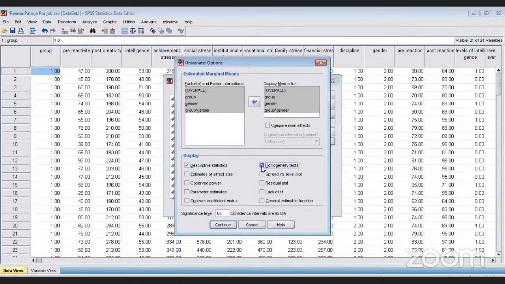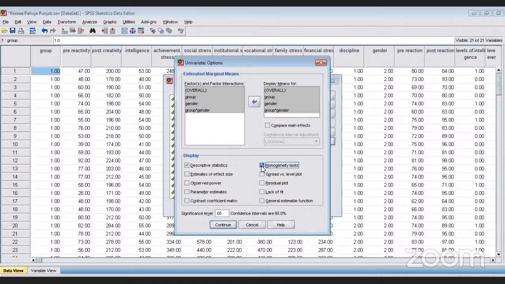In the experimental research, please listen carefully. In the experimental research, the homogeneity must be on the pre-scores.